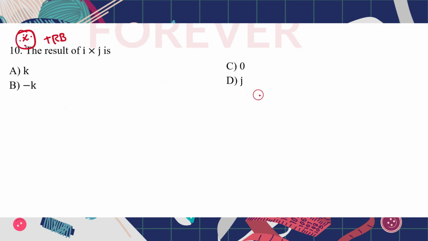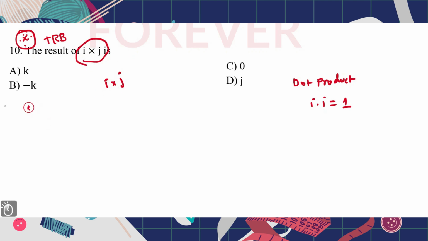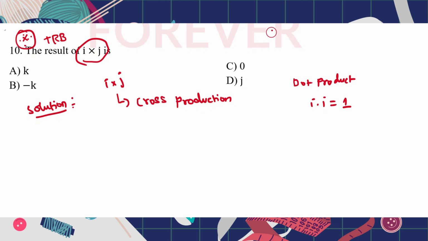Okay, as I already said, that should be the dot product, I dot I is equal to 1. Here, I cross j. Whenever cross comes, that should be the cross product.